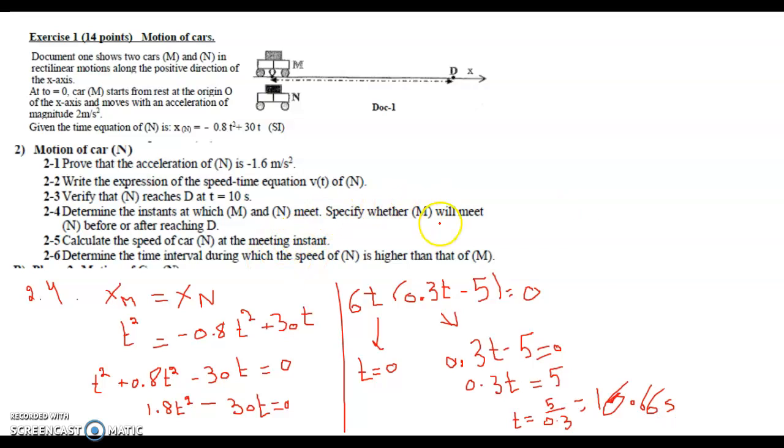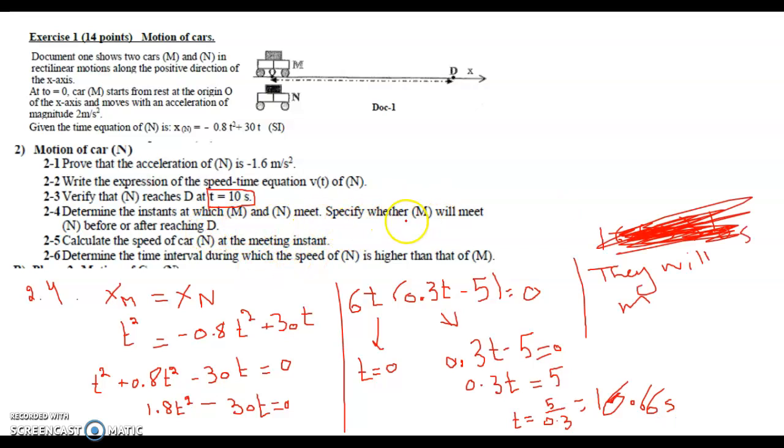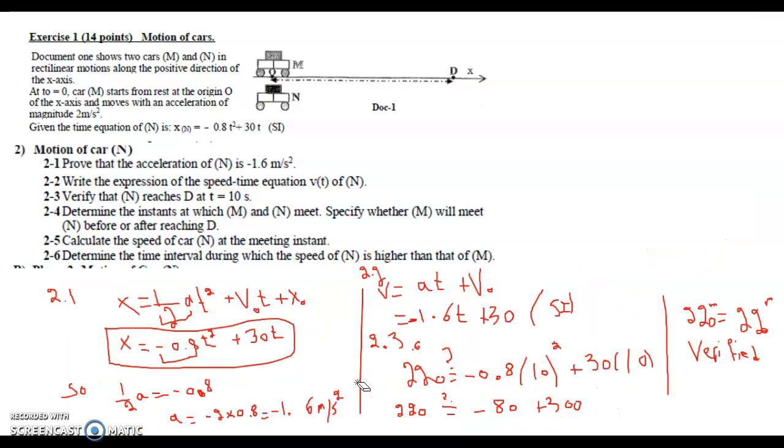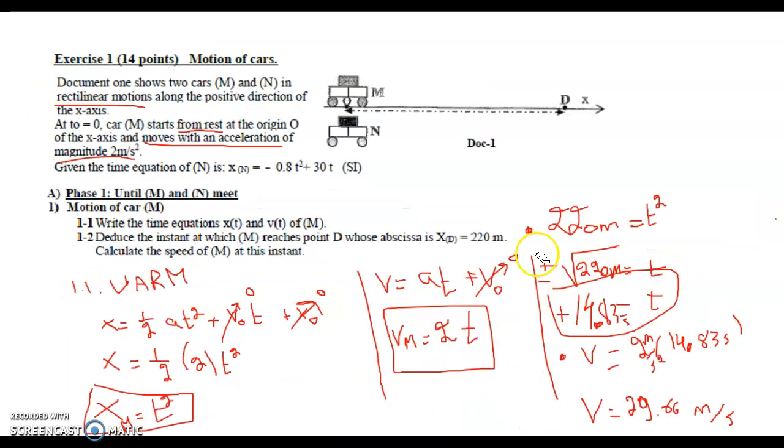Now specify whether M will meet N before or after reaching D. Then we have to compare the time at which M reaches D. We already calculated the time at which M reaches D, in part 1.2.